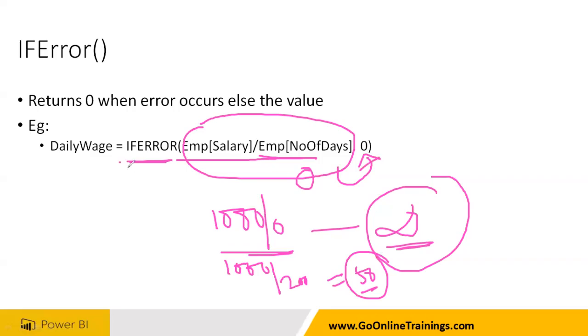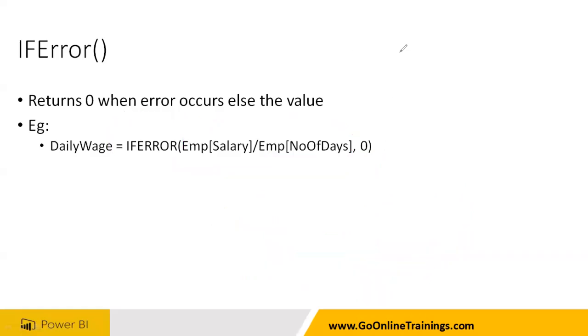That is the need for IFERROR. If there is an error, it gives you 0, else it gives the original value. We have to use it, because otherwise, if you suddenly get infinity, the end user will not understand what it is showing in the report.